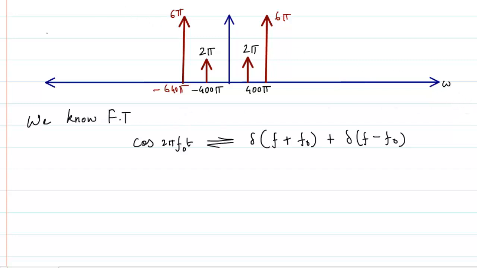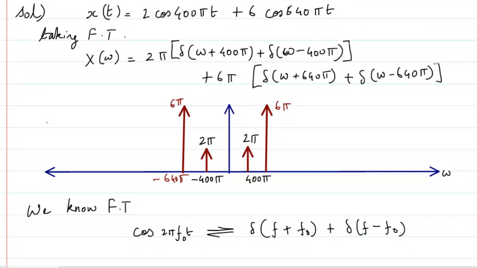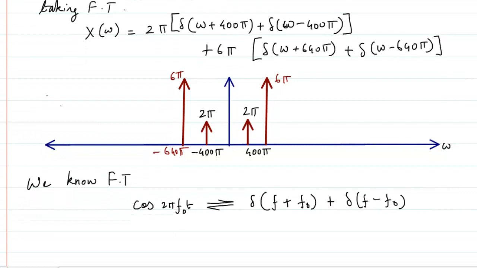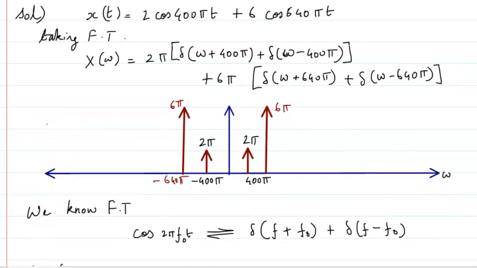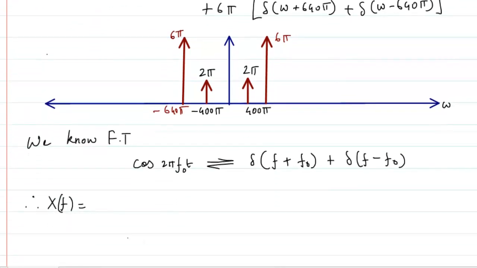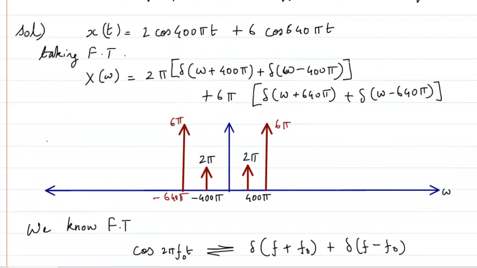So anyway, based on that, I can now write the Fourier transform of x of t. Therefore X of f, for the first part, 2 cos 400 pi, can be written as 2, which will come as such, times delta f plus f naught, where f naught is obtained by taking 2 pi out of 400 pi.